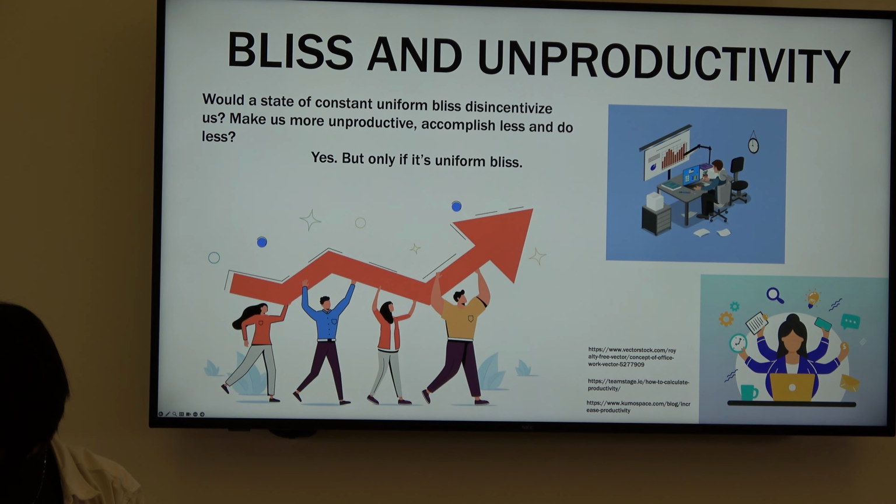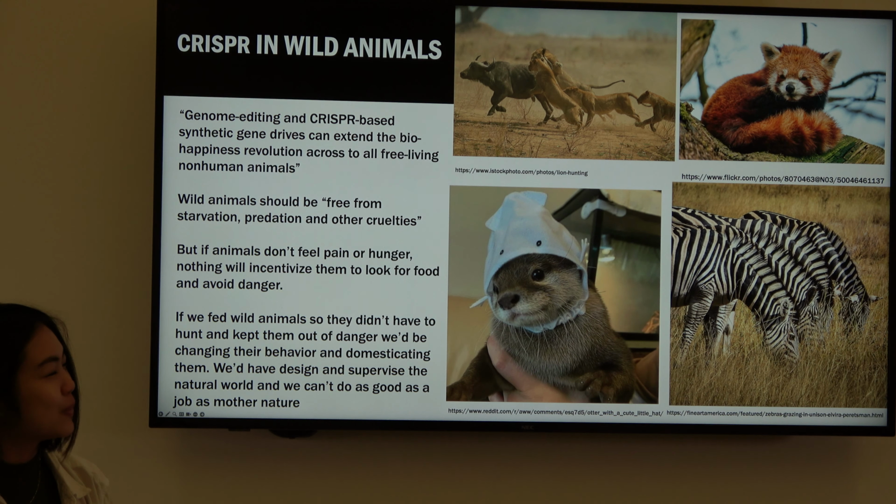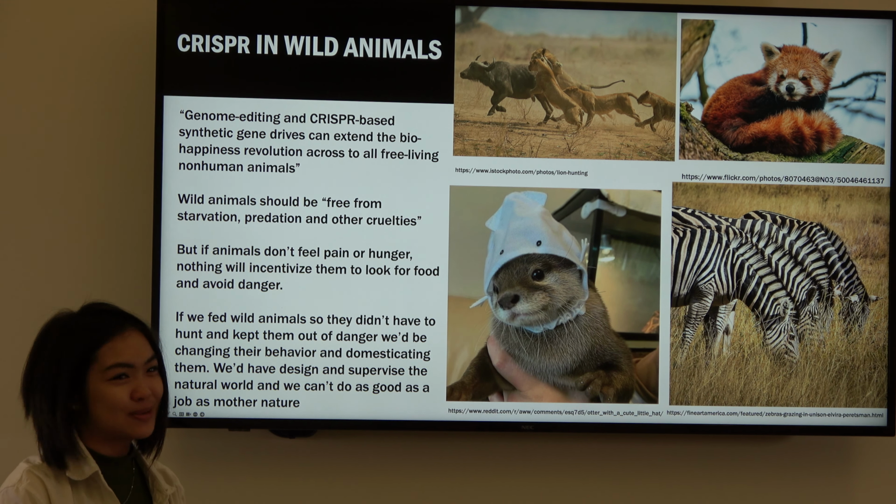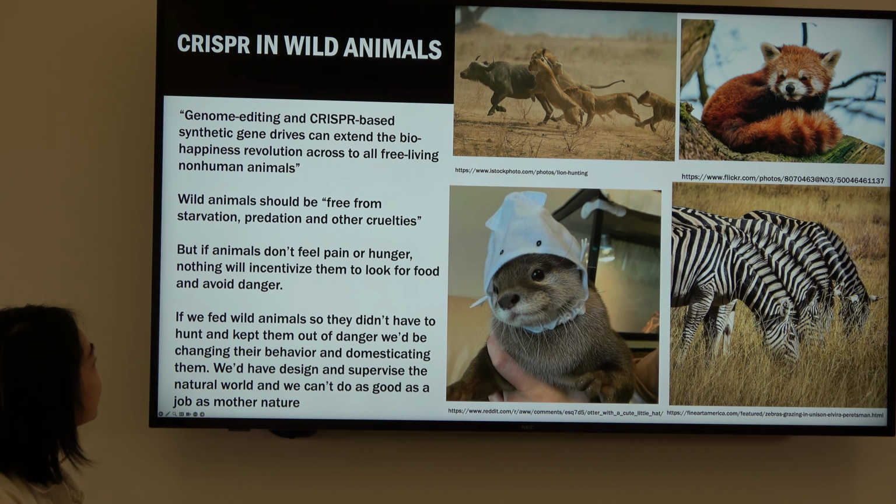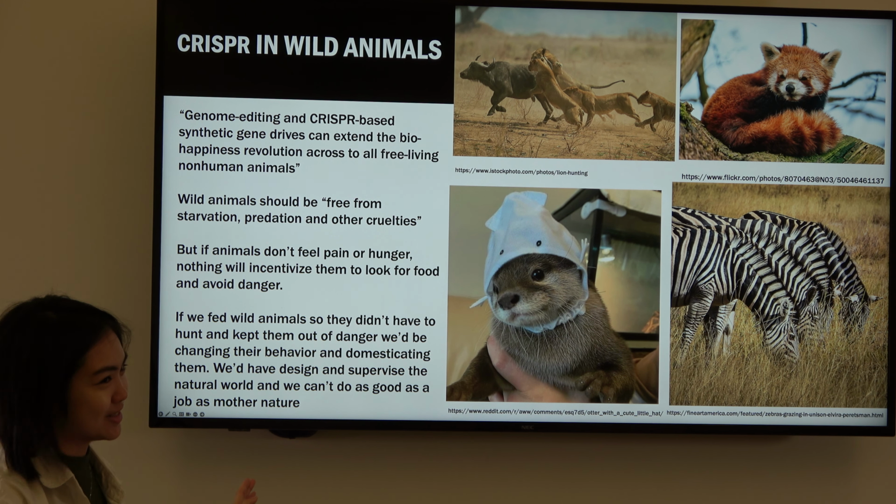And then finally, there's also CRISPR and wild animals. And I'm also kind of dubious on this. David says that genome editing and CRISPR-based synthetic gene drives can extend the biohappiness revolution across to all living non-humans, and that wild animals should be free from starvation, predation, and other cruelties.